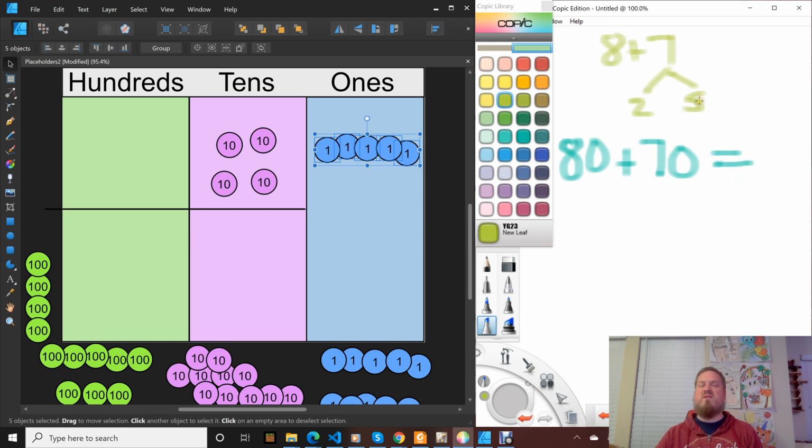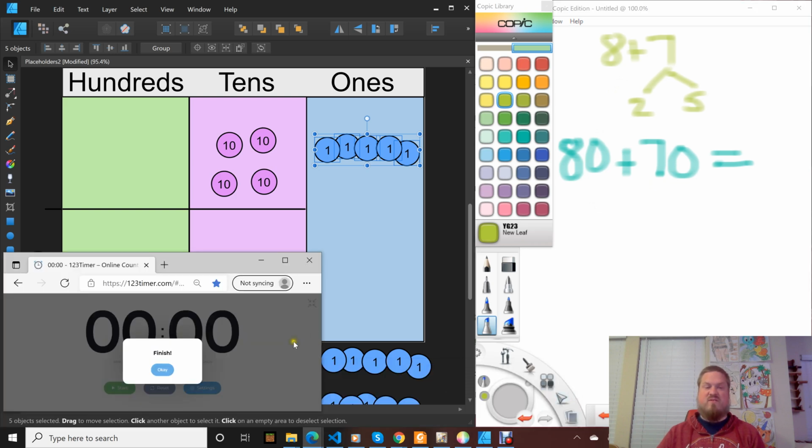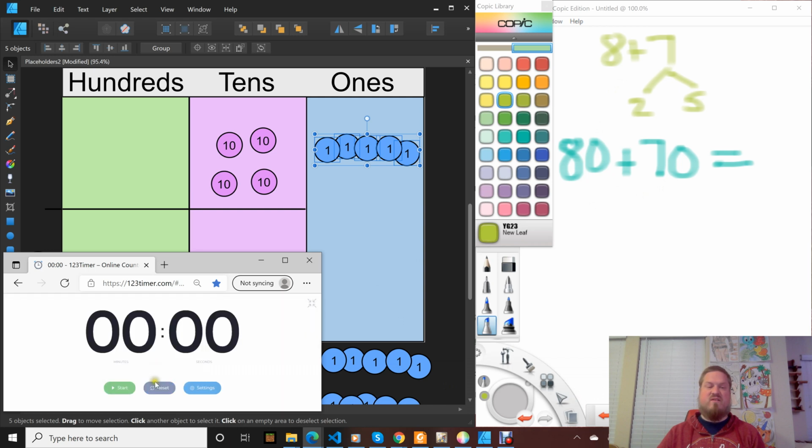And 10 plus 5 easily made 15. We can do something similar here. This is 8 ones and 2 ones plus 5 ones. Here, can you do the problem? Let's see. Where's my timer? I'll give you 10 seconds. See if you can figure it out if you didn't already.